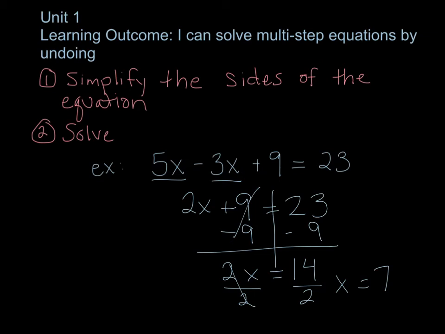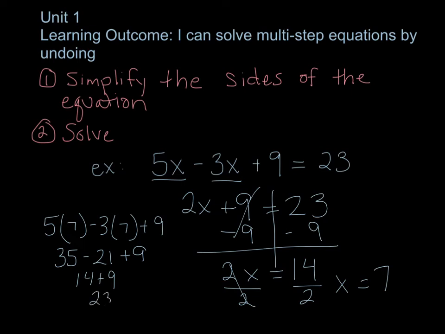When you substitute, you'd want to substitute it into the original equation. 5 times 7 minus 3 times 7 plus 9. 35 minus 21 plus 9. So that's 14 plus 9, which is 23. Check. Yay. Got it. Okay, rolling on.